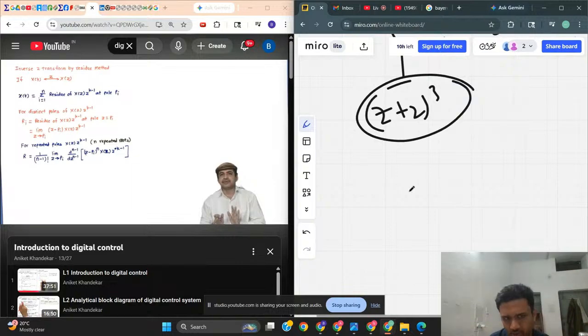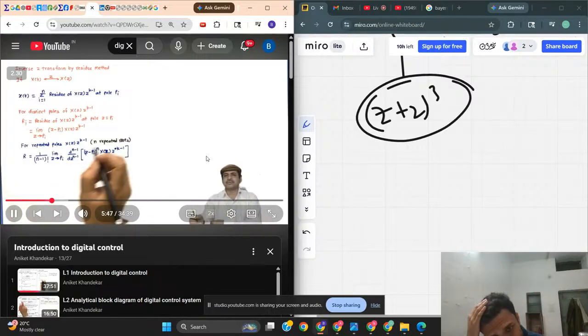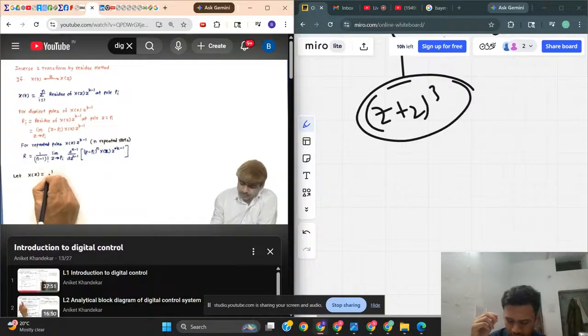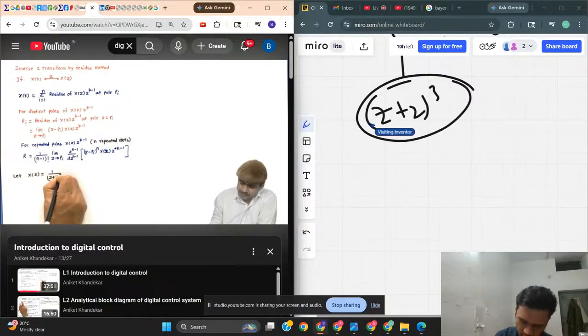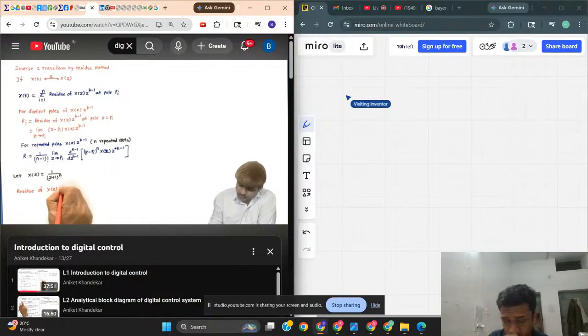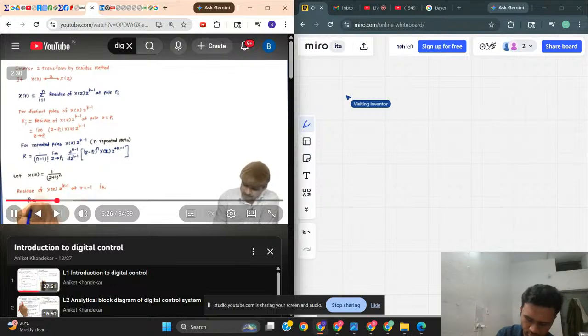Let us consider one case. Let X(z) be equal to 1 upon (z plus 1) raised to n. Then the residue of X(z) z raised to k minus 1 at z equal to minus 1 is R equal to, how many repeated terms are there? n.